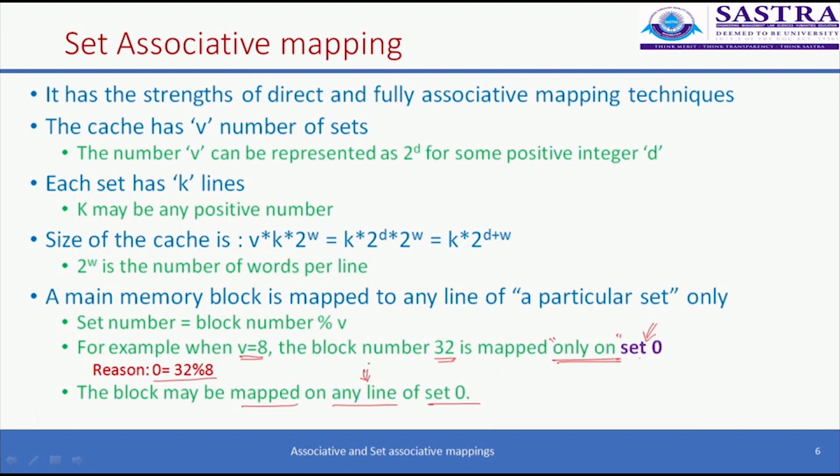The thrashing problem may be avoided since a block may be mapped on more than one line, a freedom is available. The complexity is reduced. Why? Because only one set is going to be verified to identify whether the block is present or not present, to determine cache hit or cache miss.